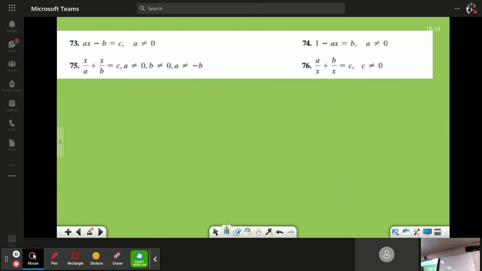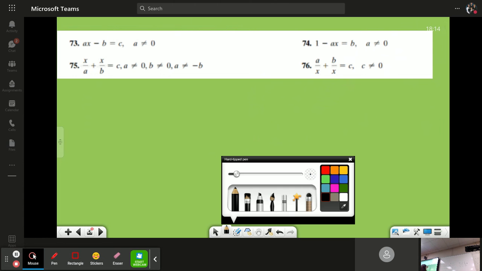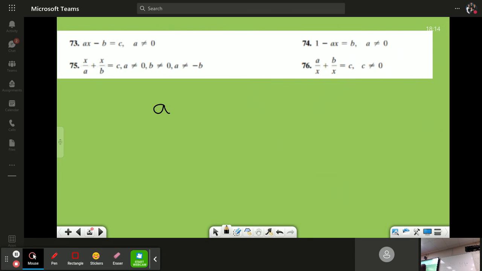On 73, I have ax minus b equals c. That's a two-step equation. That's the same thing as 5x plus 4 is equal to, we'll say 9.